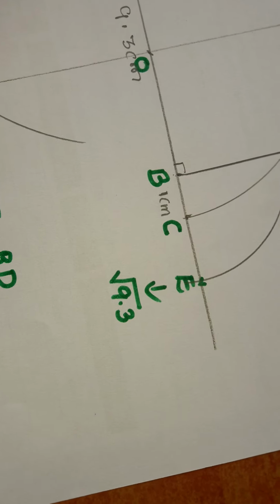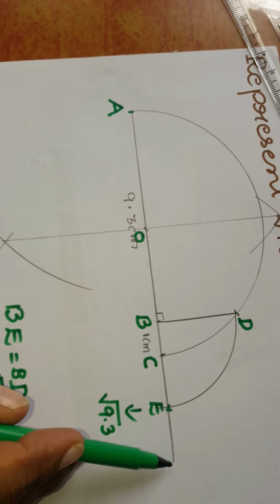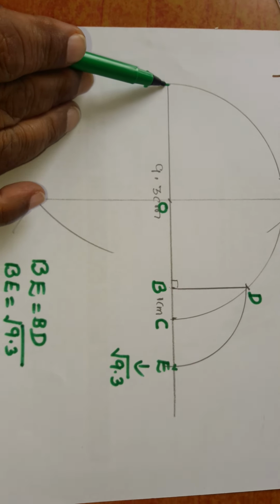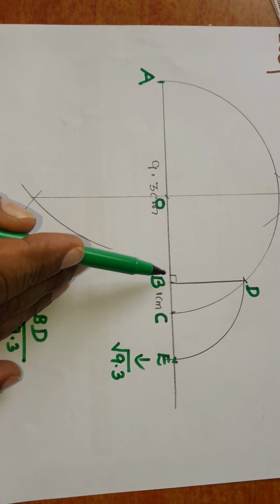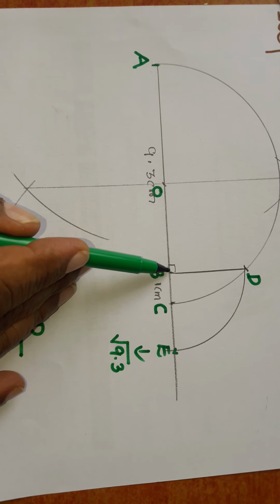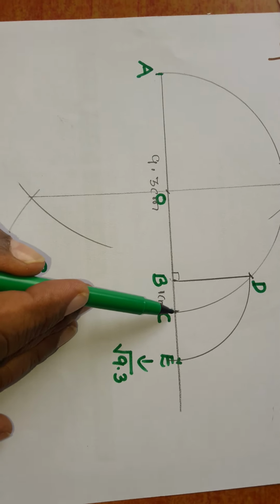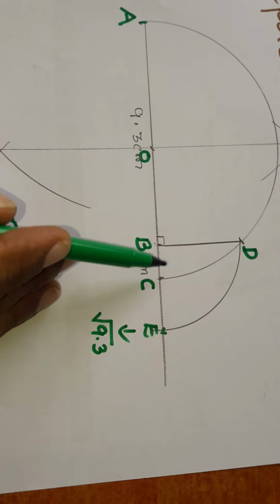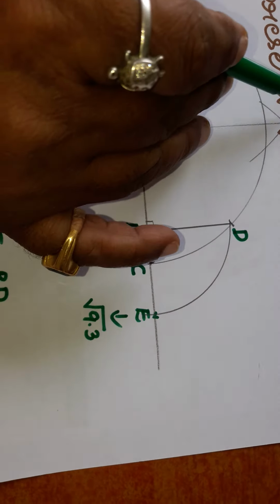So once again I explained, first you have to draw a sufficiently long line, then mark the beginning point as A, then mark a distance 9.3 centimeter from A, call this point as B, extend this line up to C by 1 centimeter, then bisect AC using a pair of compass.